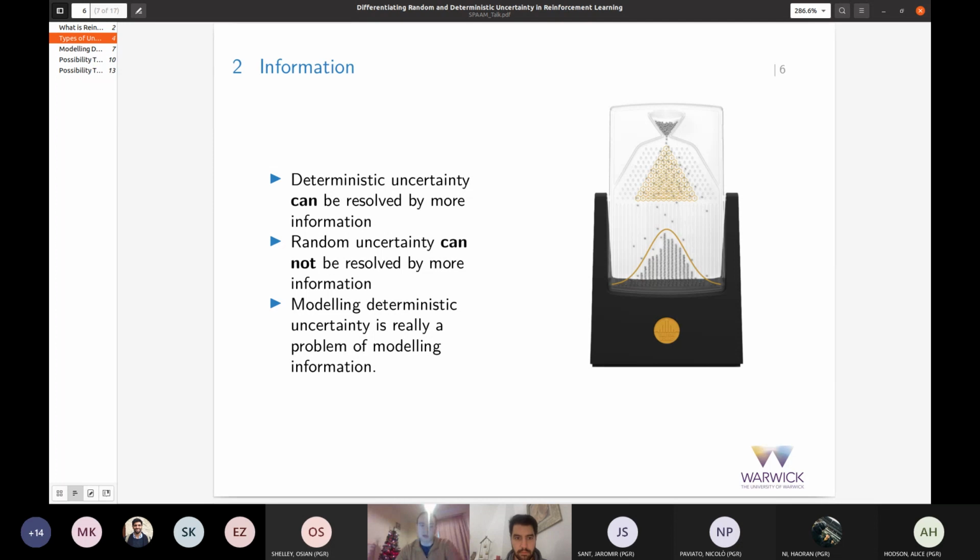So another quick example is the Galton board, which is on the right. If you've not seen this before, there's balls dropped from the top and they bounce off a number of pegs on the way down and then fall into a number of different slots. And the final position of any particular ball is uncertain and random, but the expected final distribution is fixed.